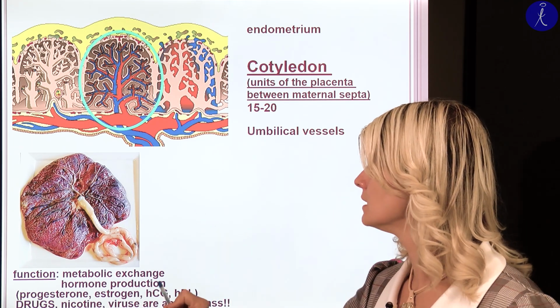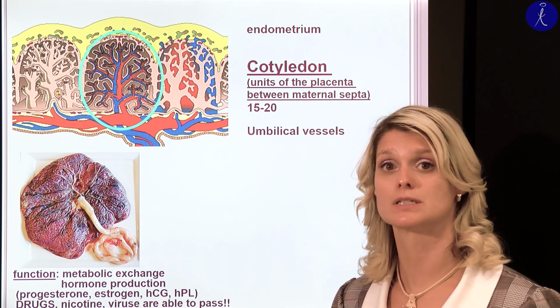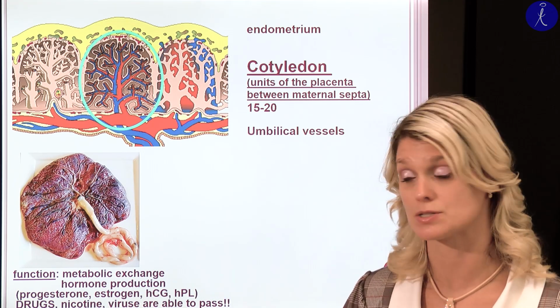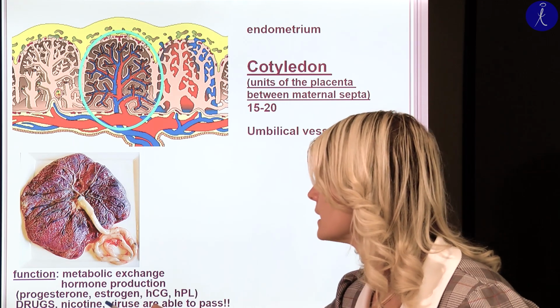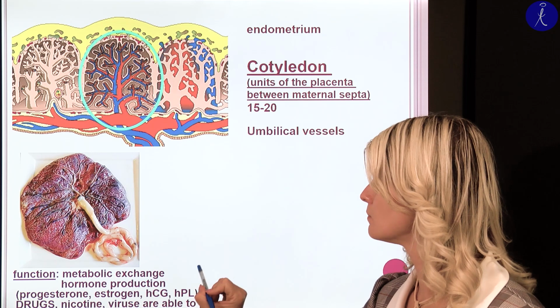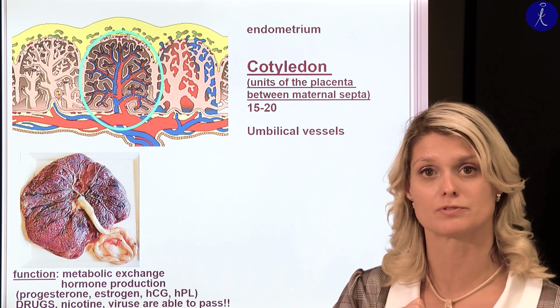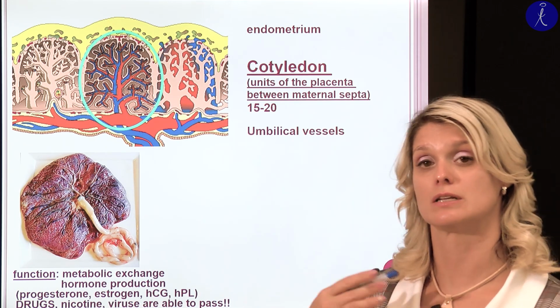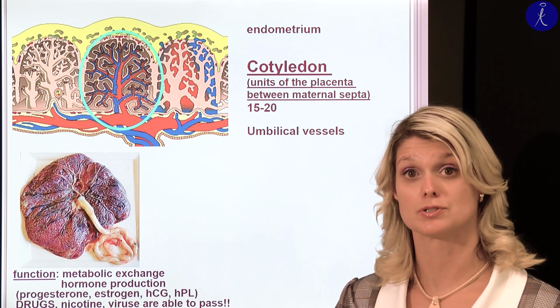The placenta has really important hormone production, as I told you, the progesterone, estrogen, and so on. And I told you that through this barrier between the mother and the blood of the baby, of course, the oxygen, the carbon dioxide, and the nutrients will go.